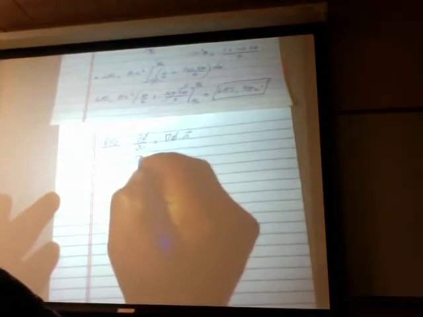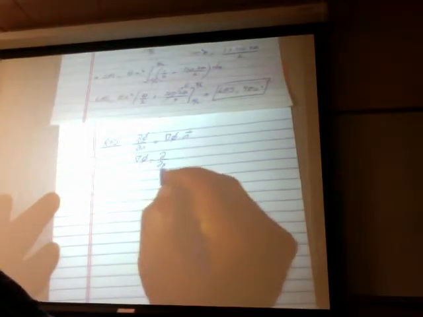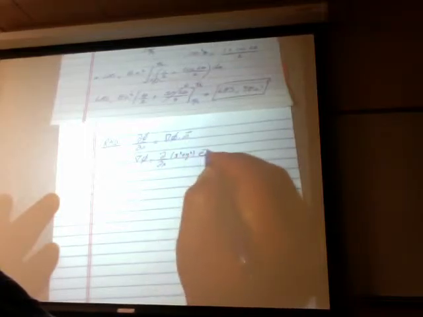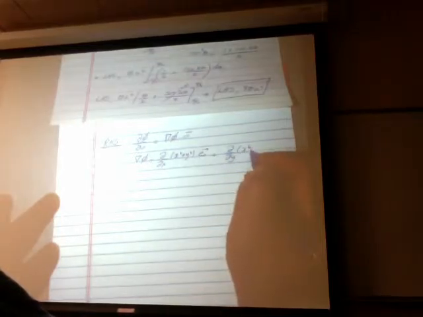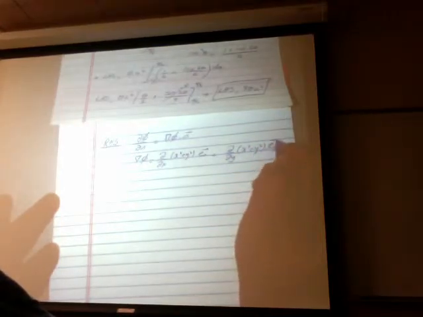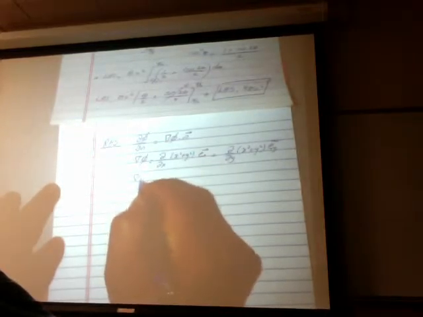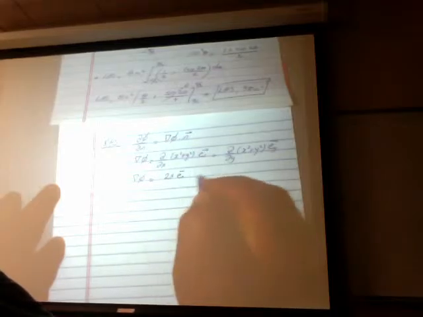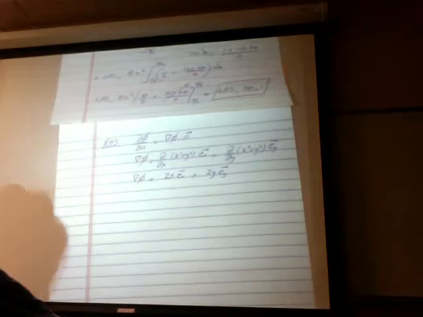Such that the gradient of phi is equal to d dx of x squared plus y squared in the x direction plus d dy of x squared plus y squared in the y direction. So this, remember, a gradient yields a vector. So the gradient of phi is equal to 2x in the x direction plus 2y in the y direction.